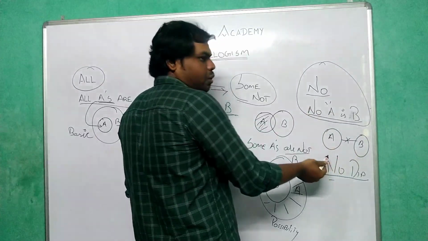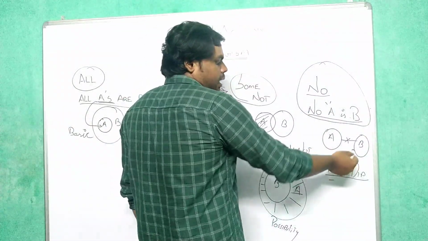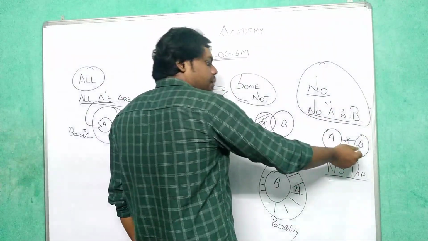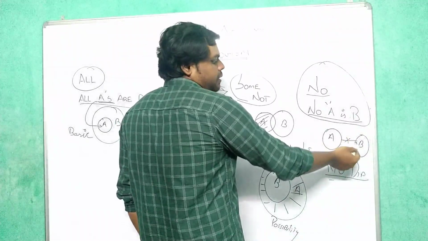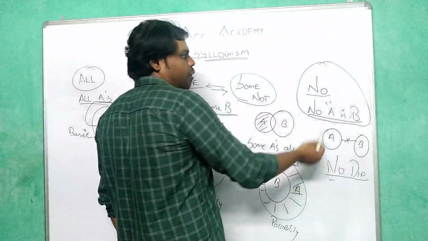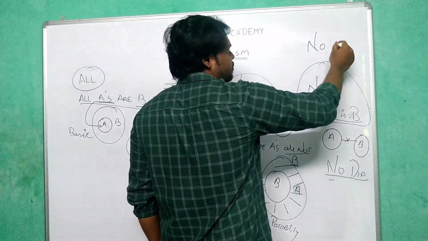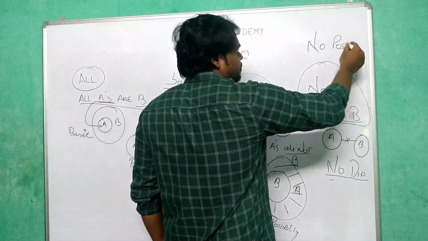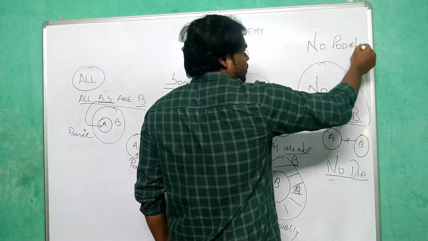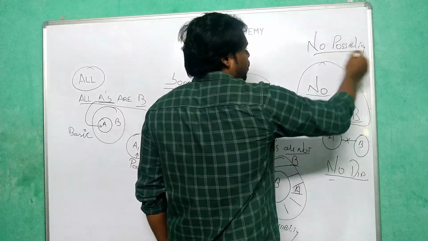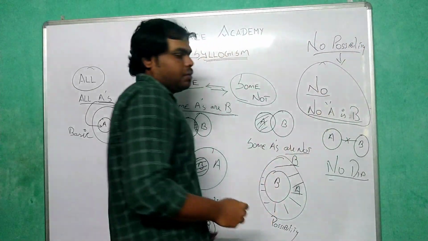No A is B. So there is no point in proving that there is a possibility of some B or some A being inside each other. So we don't have any possibility diagram for no.